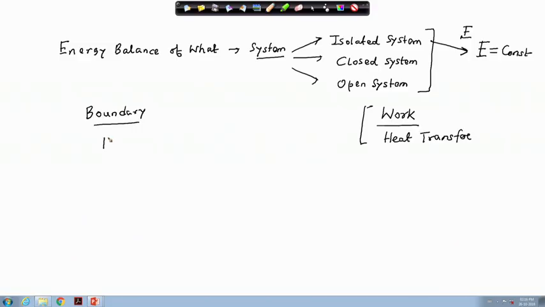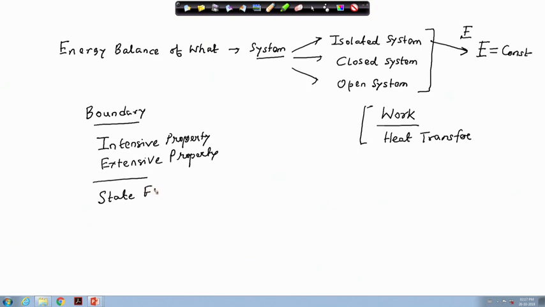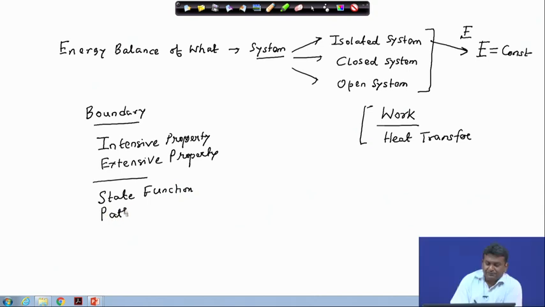This is also a good time to highlight the difference between intensive property versus extensive property, and maybe it is equally important to define the difference between state function and path function.